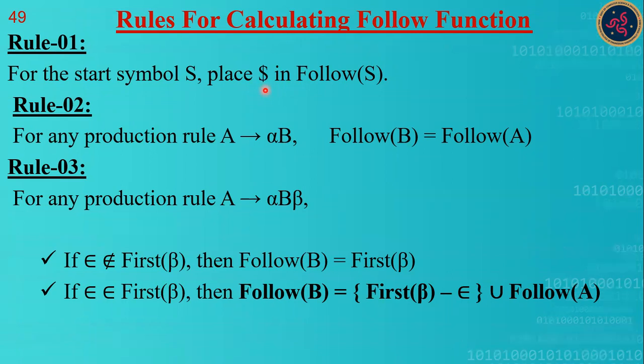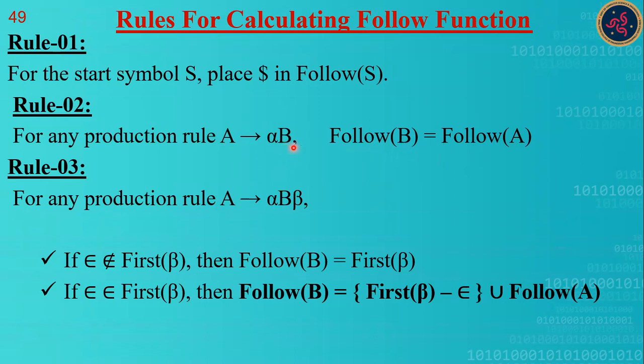Okay, so the next rule is, if there is a production rule, that is, a non-terminal A gives alpha B, where B is a capital B. What will be the follow of B? Here B is the last element of this particular production, right? So we can say that follow of B will be equal to follow of A, that is, the LHS of this production.